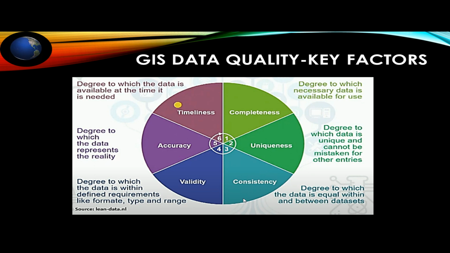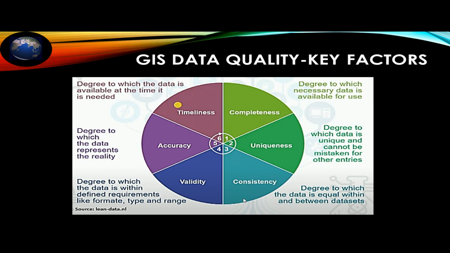So first thing is, as I told, completeness, the degree to which necessary data is available for use. It means how much data is necessary to map any feature on the Earth surface in the GIS software. So this much information should be available, the degree to which necessary data is available for use or to prepare a map or visualize the map.